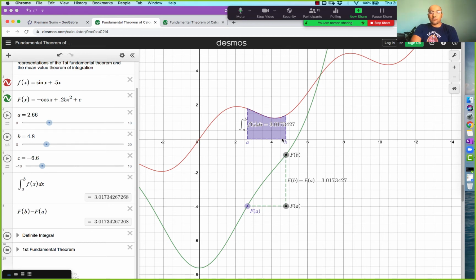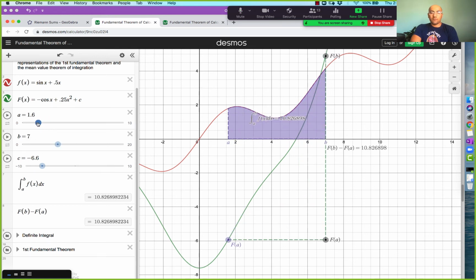So this is still the same answer as that. The only thing that matters is the limits of integration. No matter what I do, the area in the purple is equal to the difference between these two values.